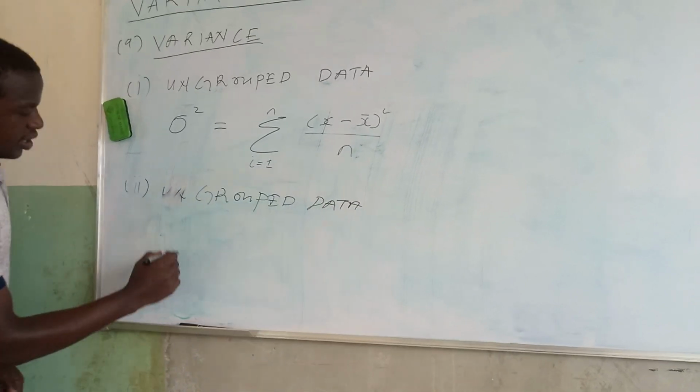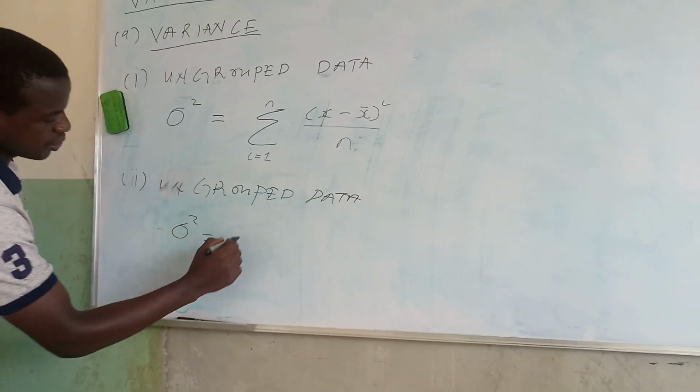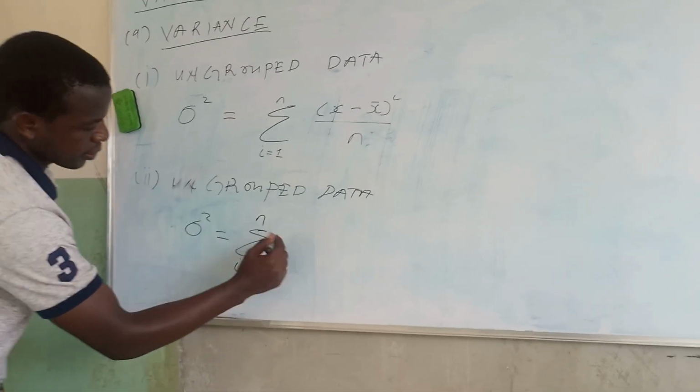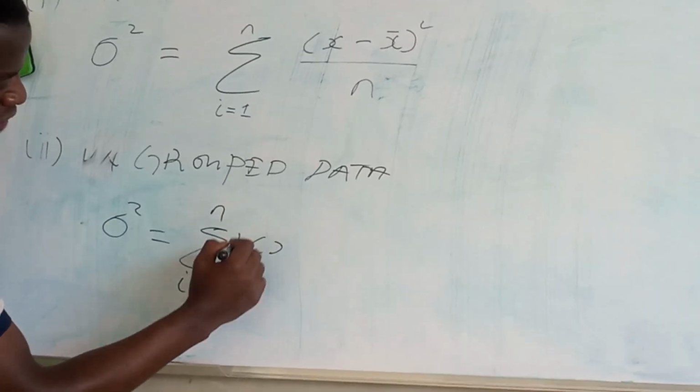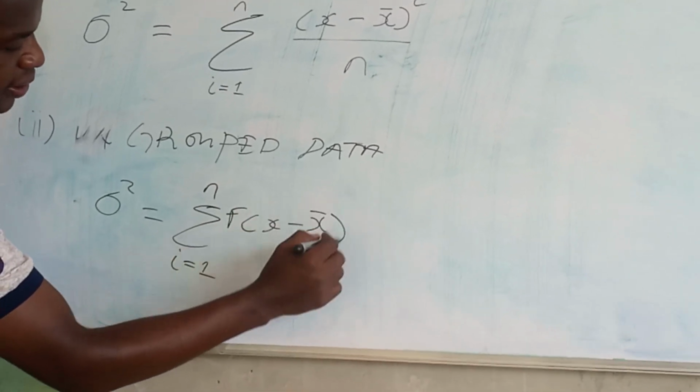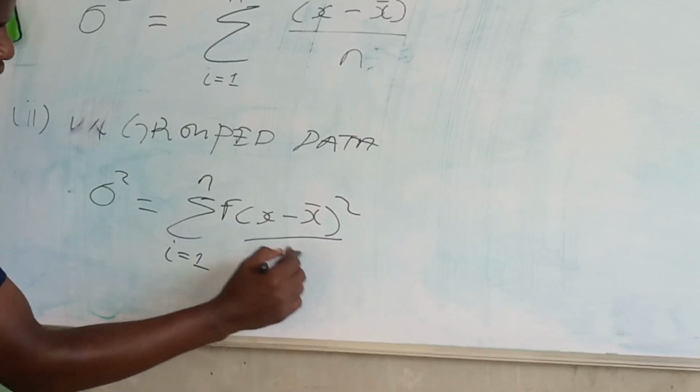For grouped data, variance is equal to the summation of f times (x minus x̄) squared, over n.